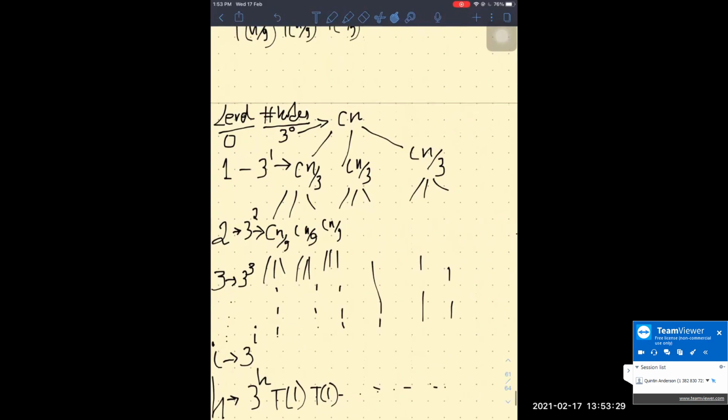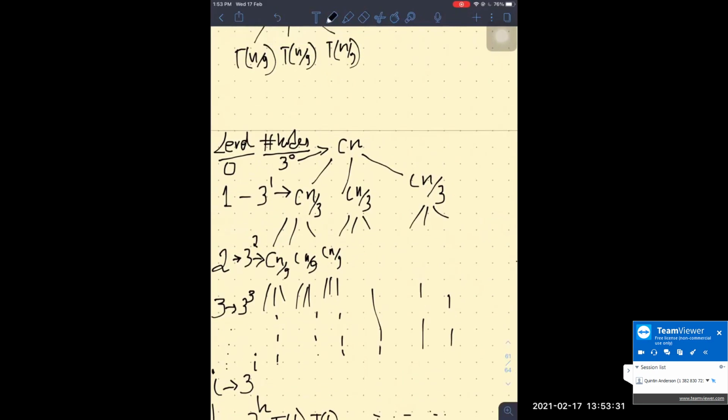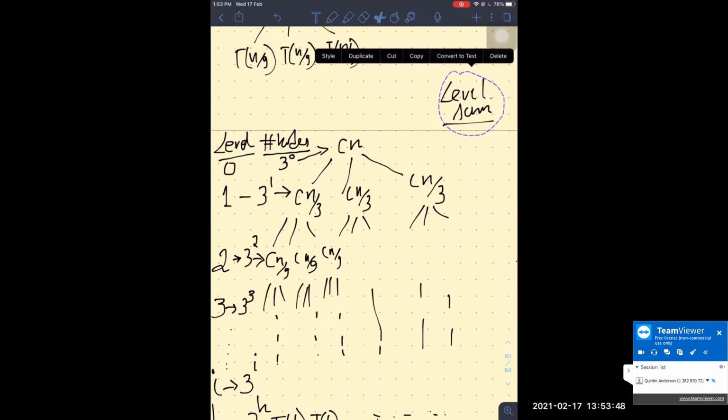So in this part, if we consider the level sum, for level 0, we will have only c of n.